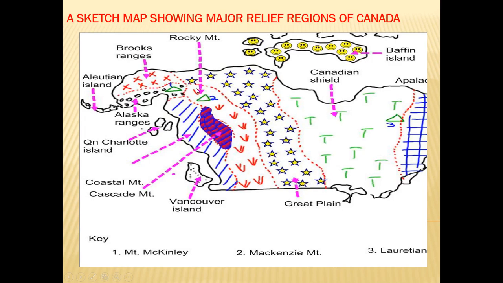So this is a sketch map of Canada, and like I told you in the first tutorial, it's important that from these CDs into your notebooks you try to sketch out the different maps that we give you, because I told you in exams the skill of map drawing is an important aspect which is tested.